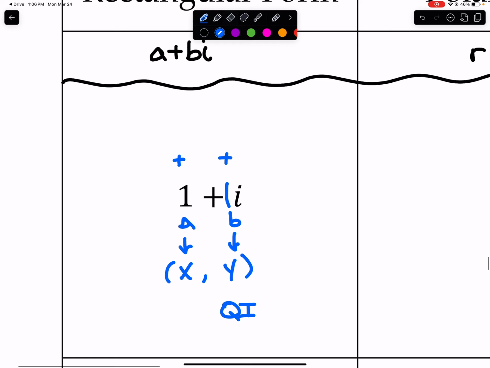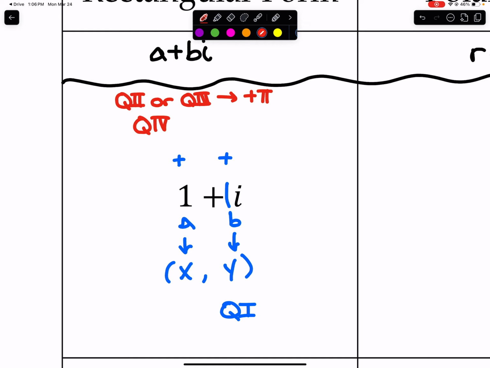What this information tells you is that if we are in quadrant 2 or 3, we are going to need to add pi. However, if we're in quadrant 4, because we don't like negative angles, in this case, you're going to need to add 2 pi.